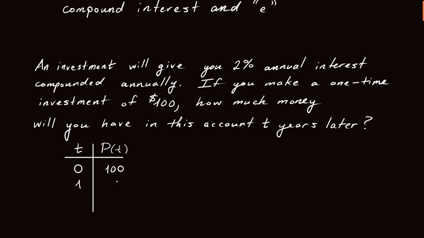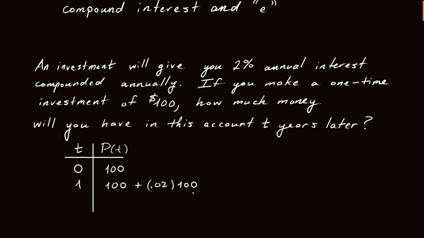And then 1 year later we're given 2% interest. That's what it means to be compounded annually. Every year, the people who sold you this investment compute the interest that you're supposed to gain, which in this case is 2%. So we take 100, our original principal, and we add to it 0.02 times 100.